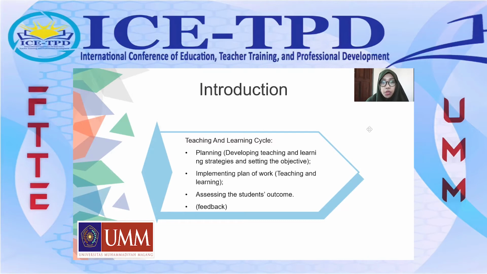So we have to make sure that the students comprehend the material and the objective of our teaching and learning process. The teacher has to make sure that the teaching and learning process was done successfully. And the last one is feedback. Feedback is information given to the learners and teacher about the learner's performance related to the learning goal or outcome.